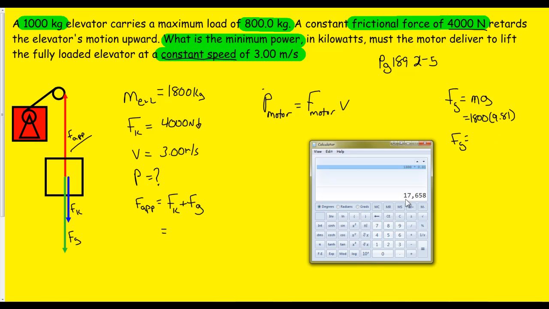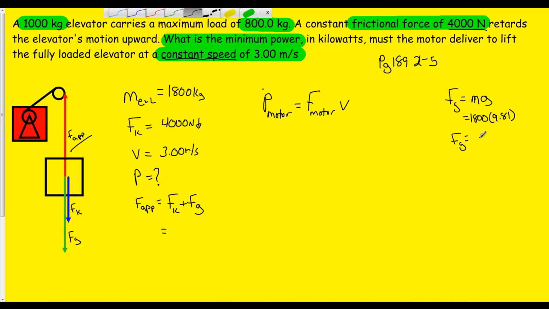So let's just stick with 3, so 17,700. So my force of gravity is 17,700 newtons.